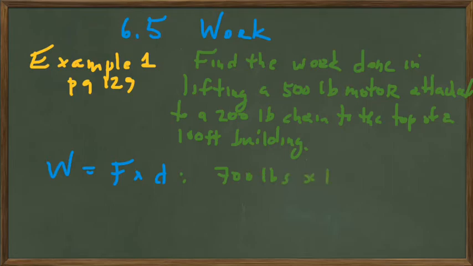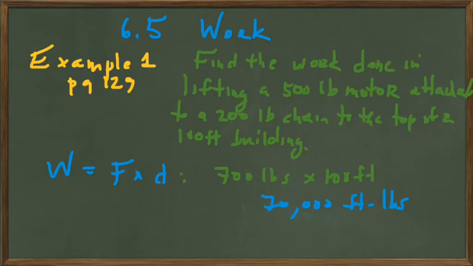We're moving it 100 feet, and so that would give us a work done of 70,000 foot-pounds. The problem with this estimation is that we're assuming we're lifting the entire chain, the entire 100 feet, and that is not the case.